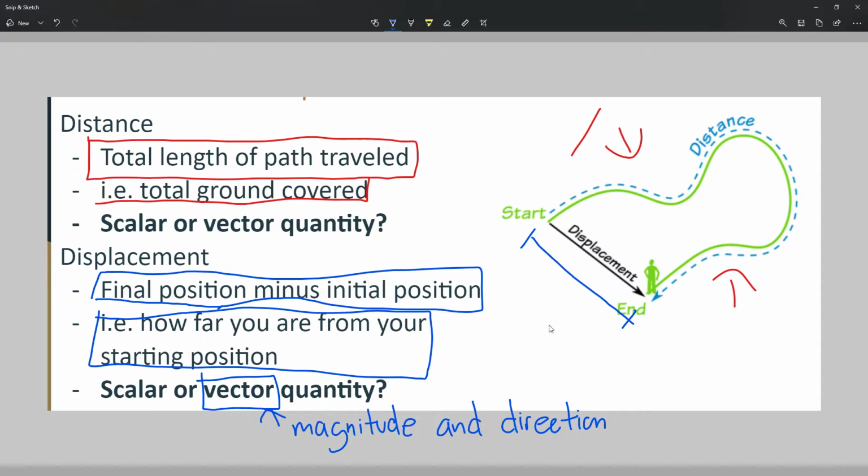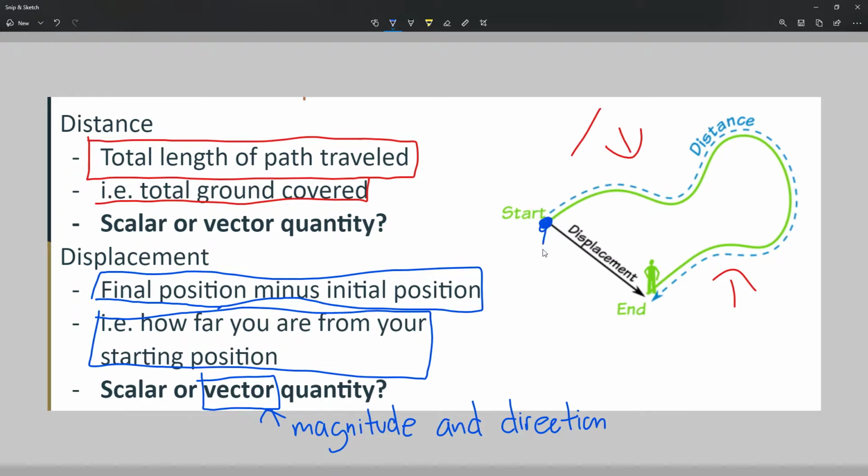Otherwise, you don't know where you end up. Let's say I'm 1 meter from where I started. Say I start here.